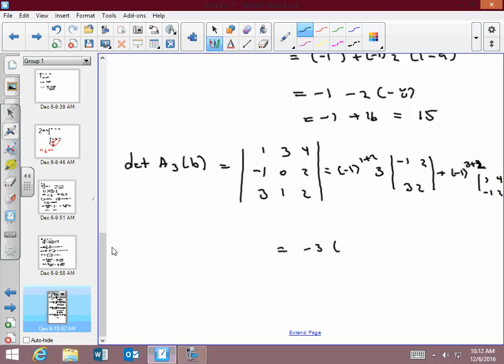And then it's negative 2 minus 6. Then this is a negative plus a minus 1. And then it's 2 plus 4.